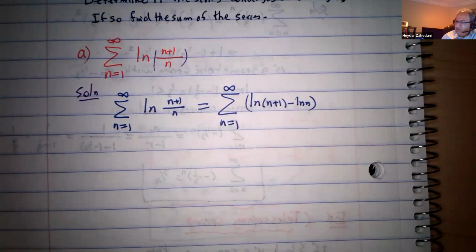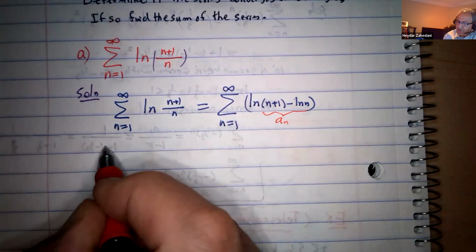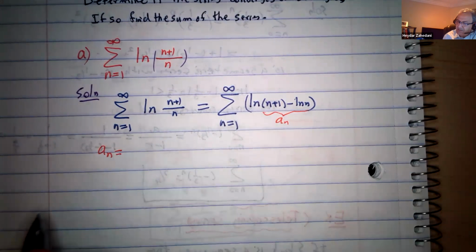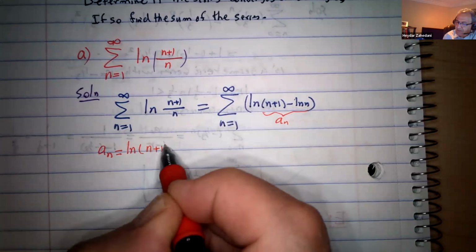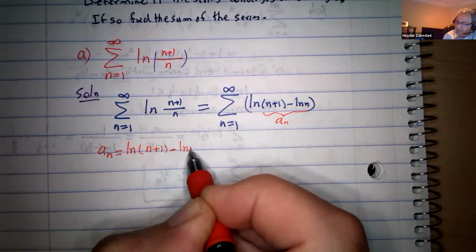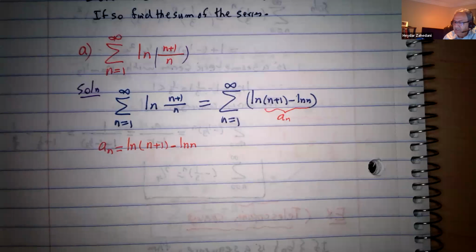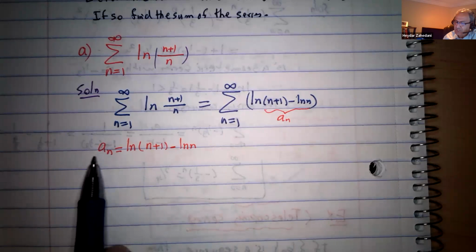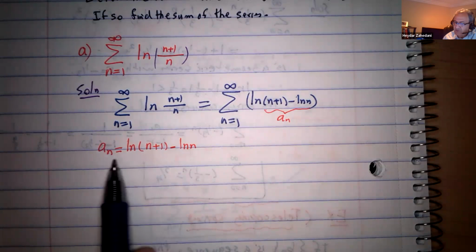Okay, so what we're going to do is call this one a_n. So your a_n, you have to write the details. This is going to be ln of (n plus 1) minus ln of n. If you miss some point on the test because you didn't give us the details of the work, you have to check it. I'm going to write a couple of terms so that you believe this is going to be telescopic.